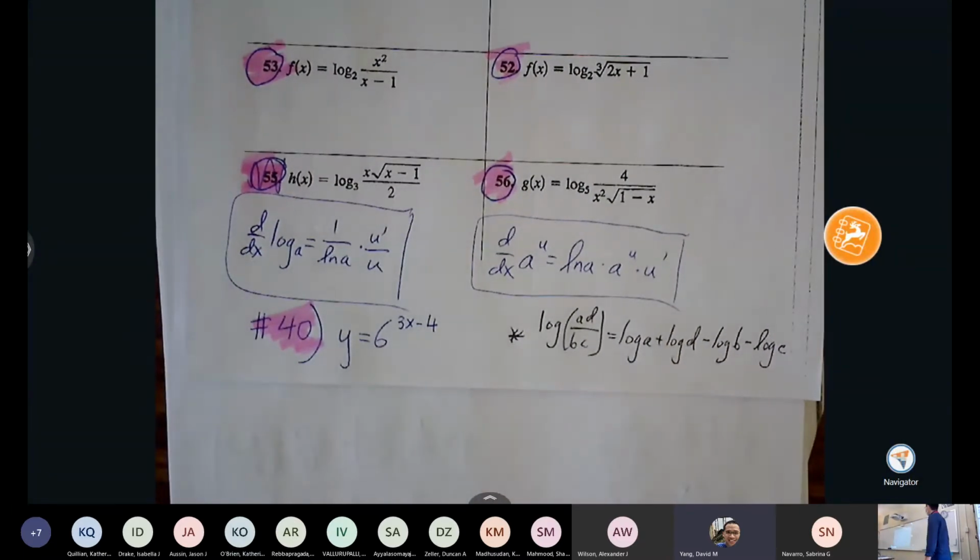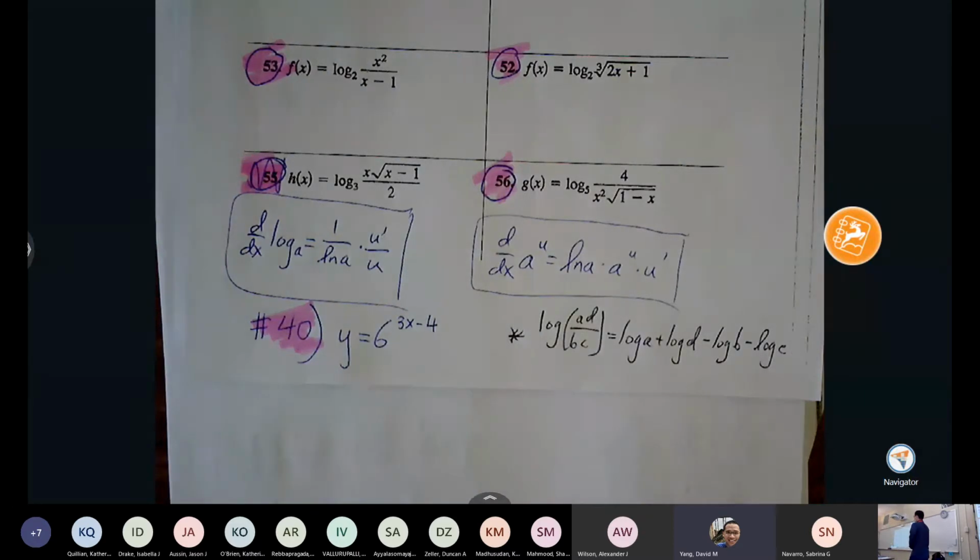So expand as much as you can, and then once you've got them all expanded, your derivative should be fairly manageable. You shouldn't have to deal with messy rules. You may have multiple derivatives to deal with, but they all should be pretty straightforward. And we're practicing these rules here. Right? Most of them are going to be this one. When we get to 40, though, that's an exponential function, so you'll use this. Okay, so try that.